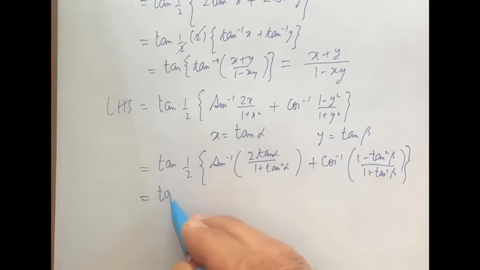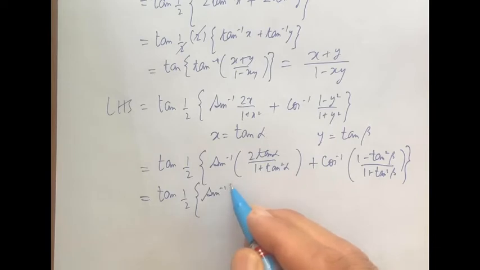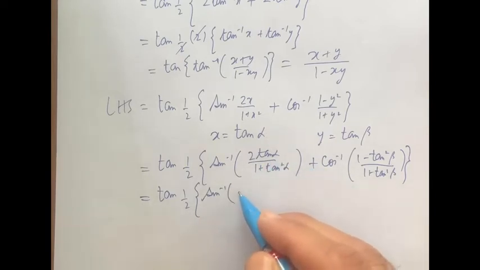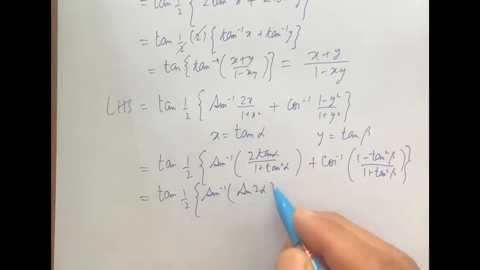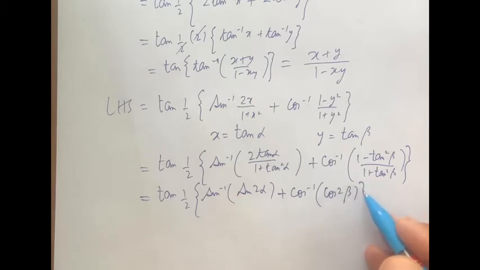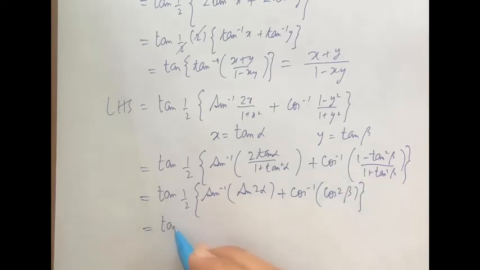That's tan of 1 by 2 sin inverse of 2 tan alpha upon 1 plus tan square alpha, which is sin of 2 alpha, plus cos inverse of, and this will be cos of 2 beta. That's tan of 1 by 2 into 2 alpha plus 2 beta, that is tan of alpha plus beta.